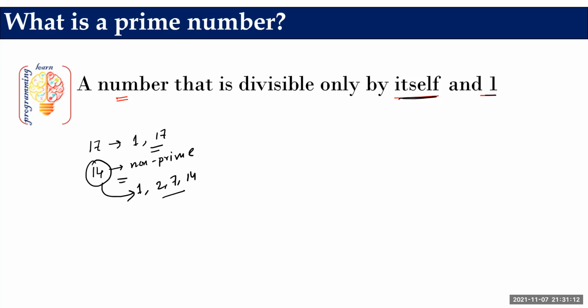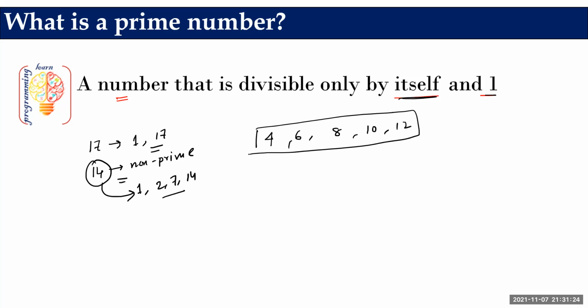If you look at the list of even numbers such as 4, 6, 8, 10, 12, they are all divisible by 2. So even numbers are always non-prime, and we'll build our logic only for odd numbers.